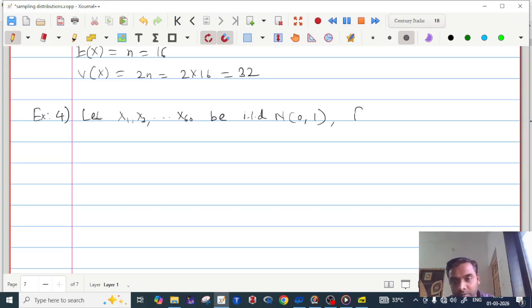Find the probability that summation xi squared is less than 65.227.